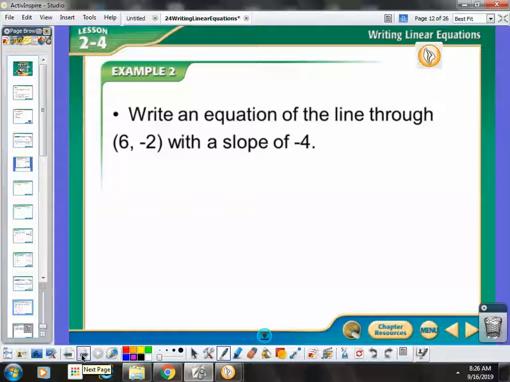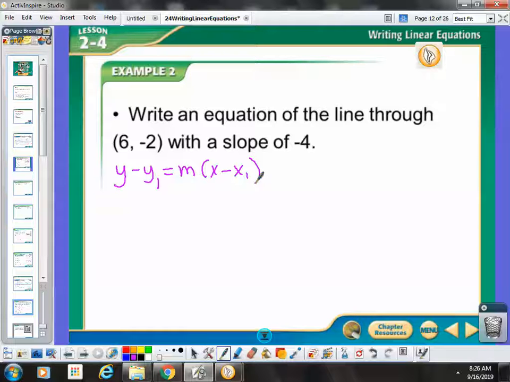Let's try another one. I'm going to use point-slope form one more time, and then we'll do one in slope-intercept form. So we have the ordered pair of 6, -2, and we have a slope of -4. We want to write an equation, and we want our equation to be in slope-intercept form eventually. Right? Well, let's start with point-slope form. Okay, so remember the regular x and the regular y are going to stay x and y.